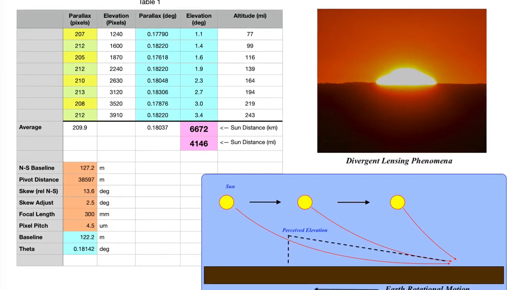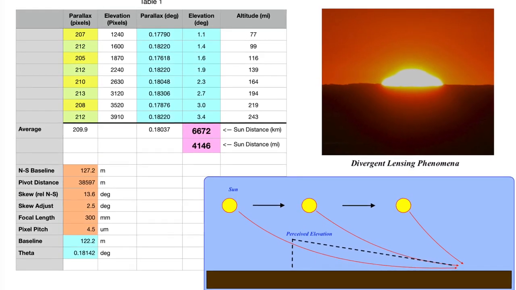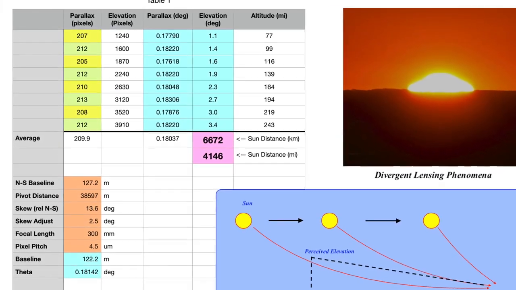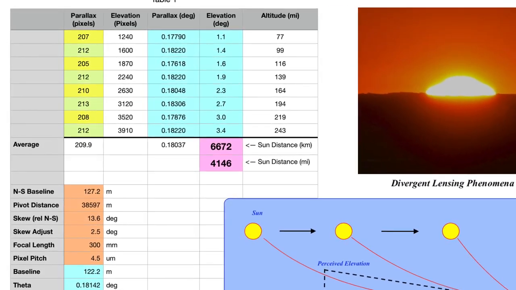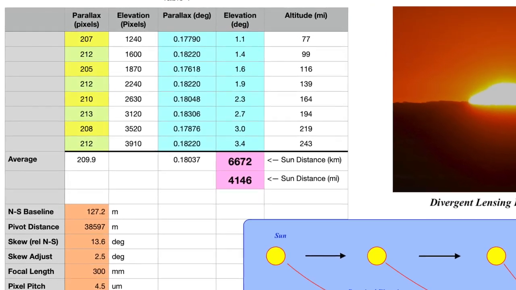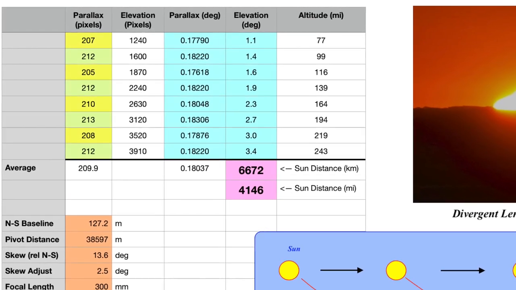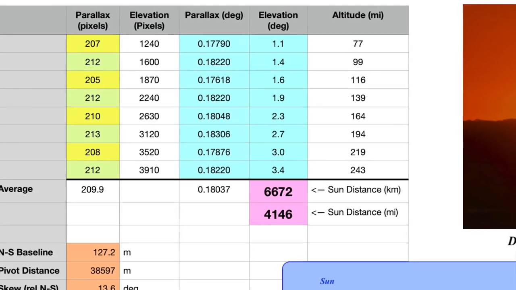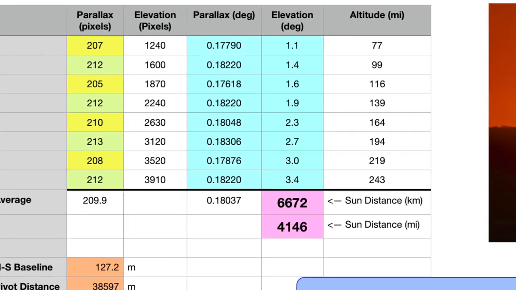From the top, notice we get 207 pixels, then 212, then 205, then 212. Then 210, then 213, then 208, then 212. So I said, it's kind of interesting. The green ones seem to be very close to 212. They average to 212. And the other ones, a little bit more chaotic, but they're much lower.